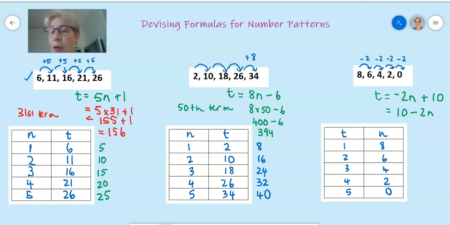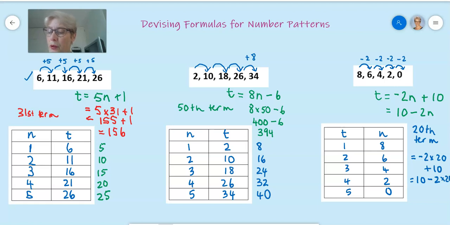Say, for example, I want the 20th term in my sequence. I'm going to use my formula now. So my 20th term is going to be equal to -2 times 20 plus 10, or it will be equal to 10 minus 2 times 20.